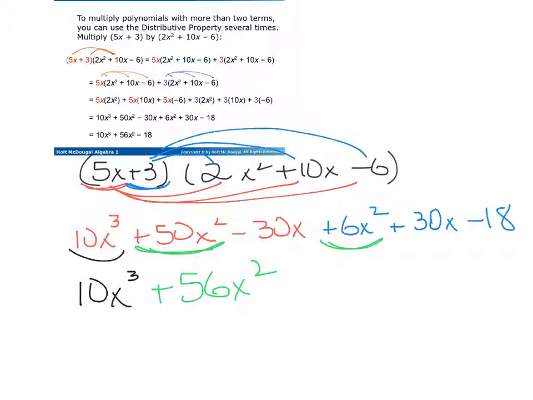I also have some like terms here, and they will cancel out. You do not need to write 0x, you just leave it out. And there's nothing to group with the 18, so you'll just write that in the answer. So you're going to need to take your time, watch your signs and be very neat.